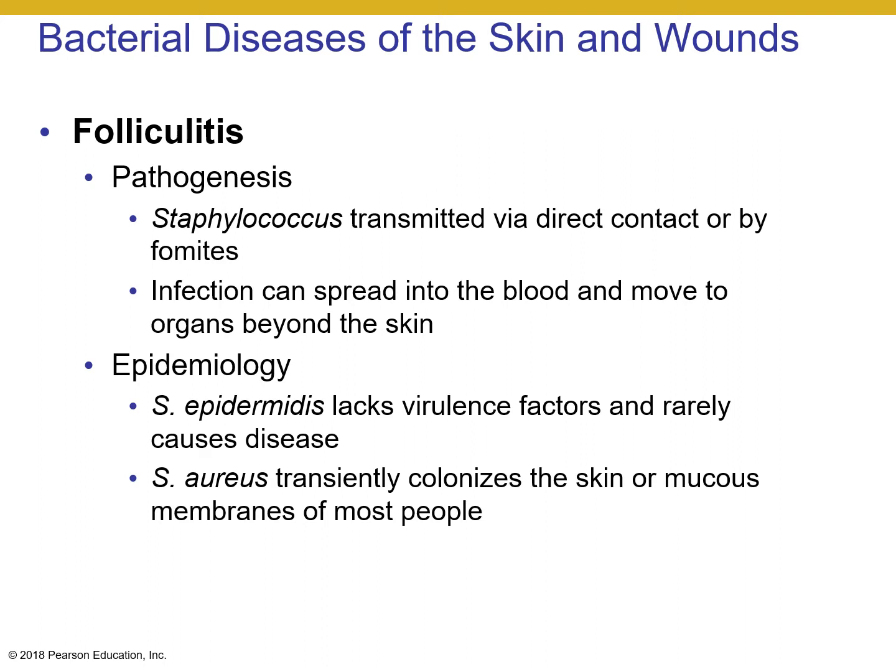The infection can get to the blood and move to the organs in the body. This is not good because it will kill us. And as we said before, epi lacks virulence factors, whereas aureus is found on our skin and in our mucous membranes. And as long as it stays outside, it's all right. But once it moves inside, it can be deadly.